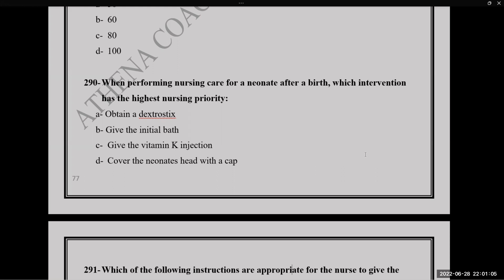Why covering is important? To prevent heat loss. Because hypothermia. Exactly. Hypothermia is the most leading cause for developing death. Okay, so the silent killer.